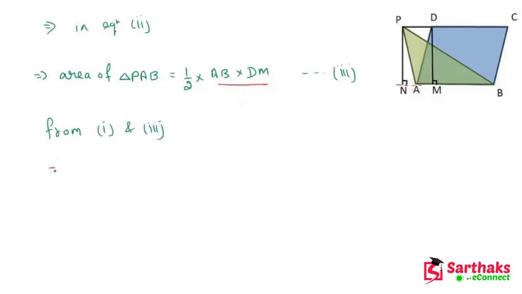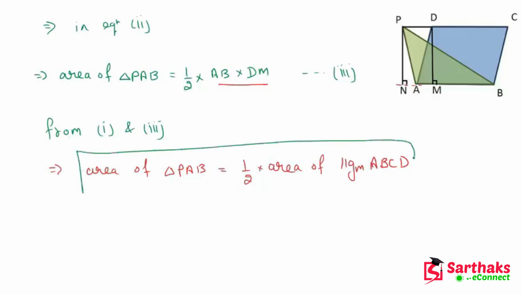So area of triangle PAB is equal to half into area of parallelogram ABCD. Okay, I hope you understand these things, my dear friends. So this is the required result, and hence proved. So this is the method to prove this theorem.